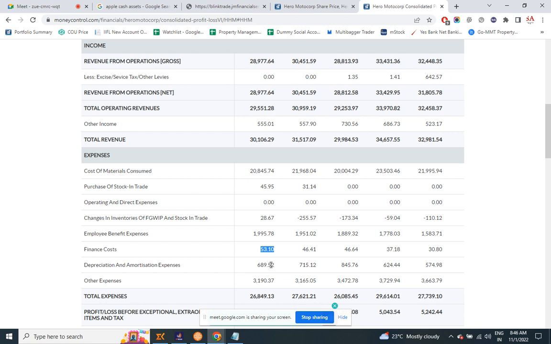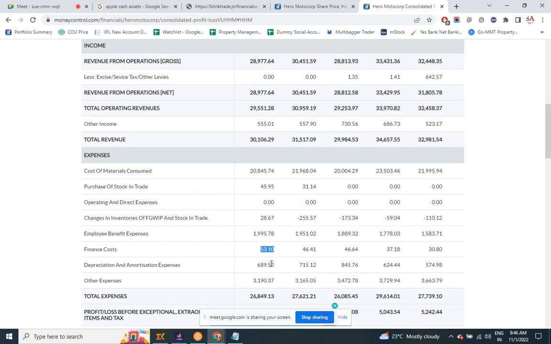Depreciation and amortization expenses. The company may be having some cars with the management. The company may be having ACs. The company may be having machinery. These machinery values will reduce with time. So every year they will be reducing it by 15%, 20%. There is a standard slab mentioned by the economists and all.